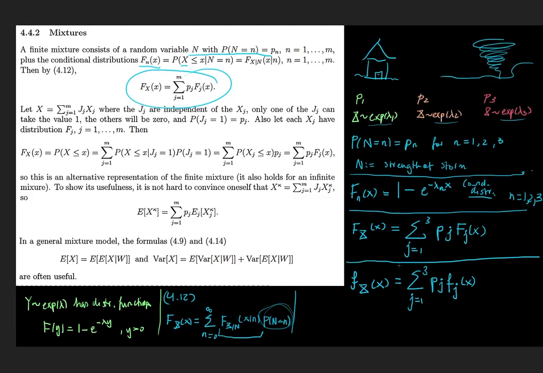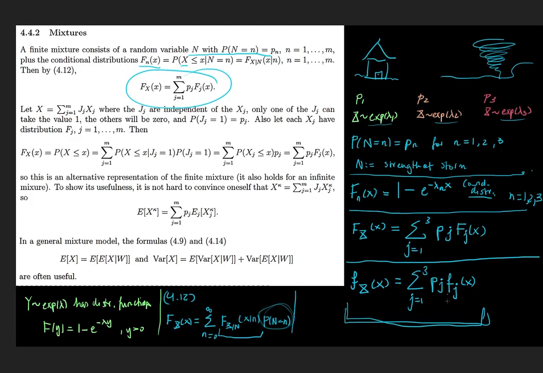And we know the conditional densities because each of them is just an exponential density with lambda 1, lambda 2, and lambda 3 as their parameters. So this is the general formula that we use to solve problem 2.4.